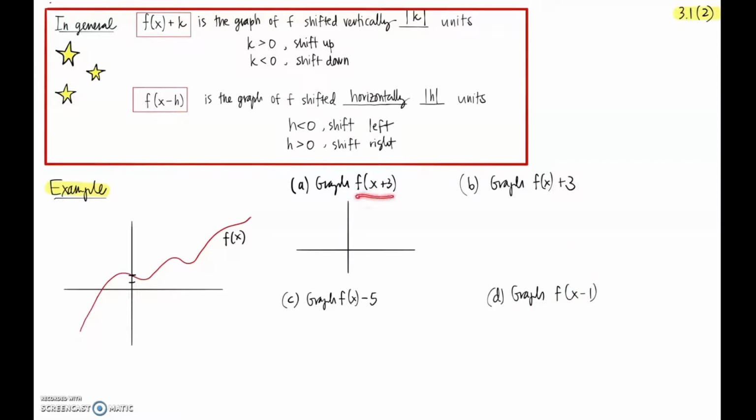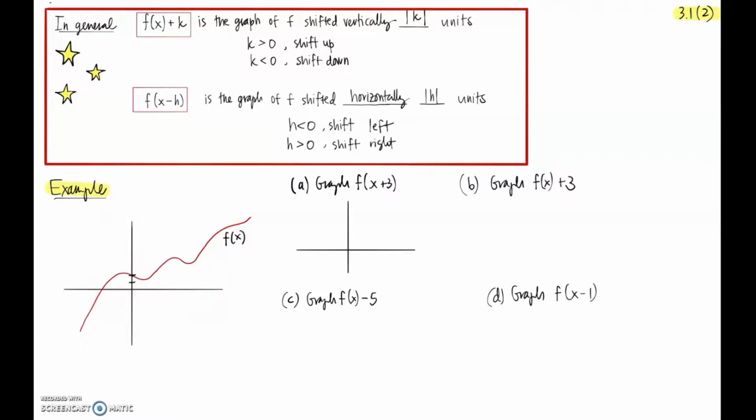So let's start with this guy, and let's think through what should happen before we actually write anything down. First we have to decide, is this a vertical or horizontal shift? Because the constant being added is along with the x in the input, we know that it is a horizontal shift. Now we have to decide, are we going to shift it to the right or to the left?